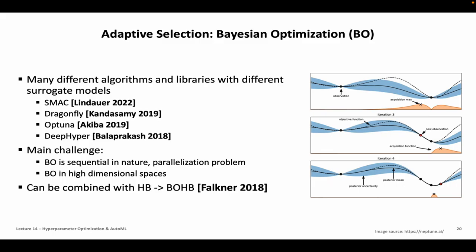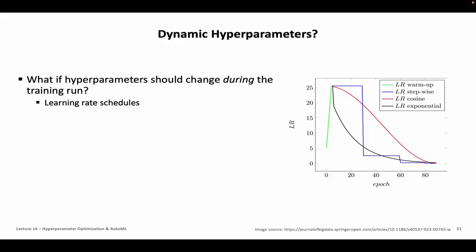It's also possible to combine this Bayesian optimization with the Hyperband approach that I've shown you earlier. A special case I would like to address are these non-stationary or dynamic hyperparameters, so the ones that change during the training of a model.